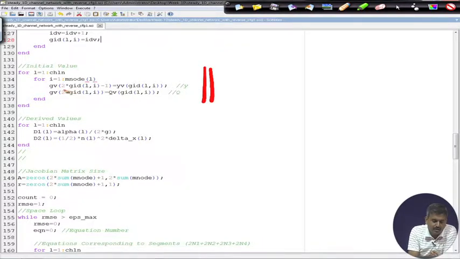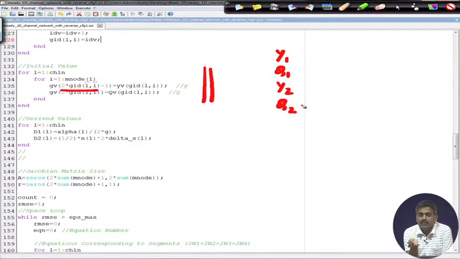This should be the y information, we can transfer it to 2 into GID minus 1. So, we have arranged y1 q1, y2 q2. In this particular case for each channel reach we have 5 sections.